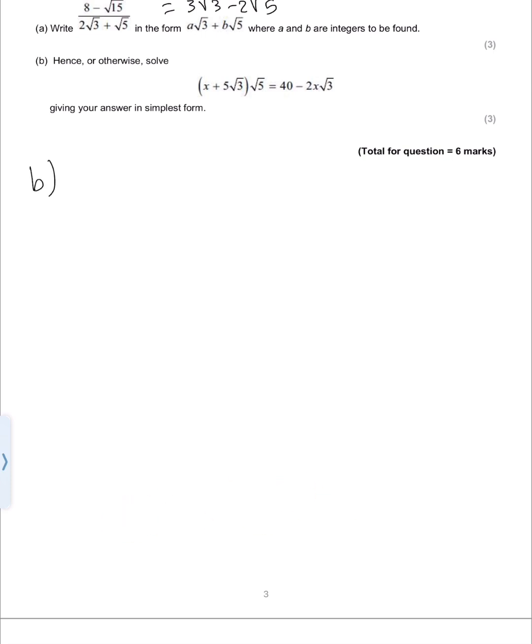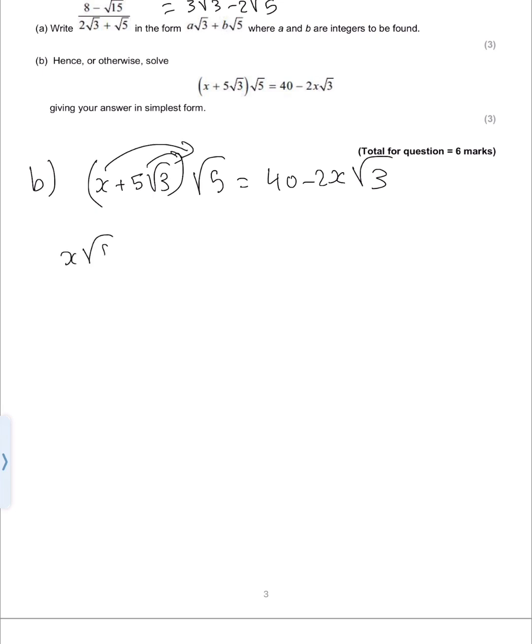In part B it says hence or otherwise, so you could use the answer that you found in part A. We have x plus 5 root 3, times root 5, equal 40 minus 2x root 3. First step, we expand the brackets here.